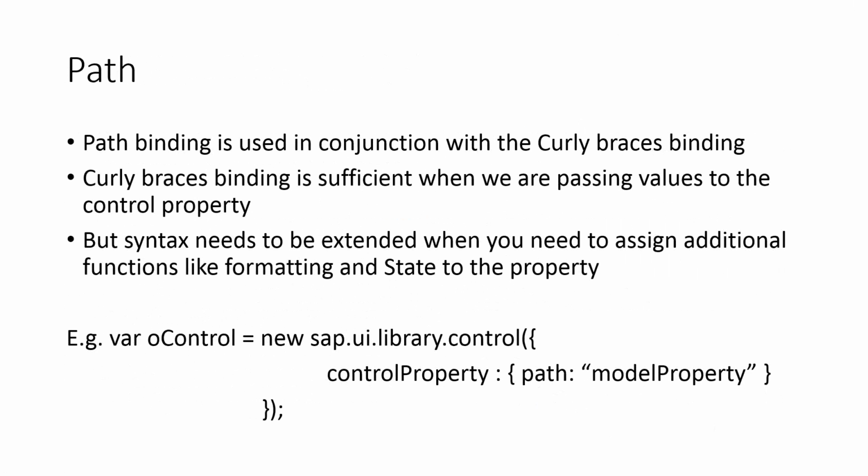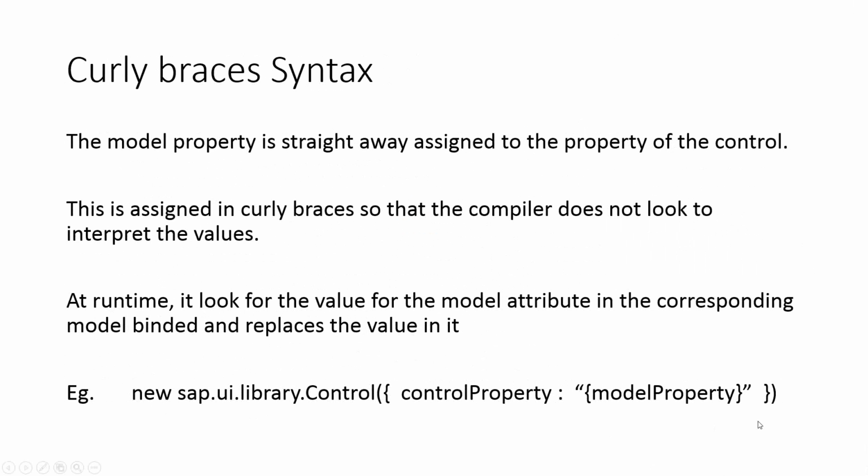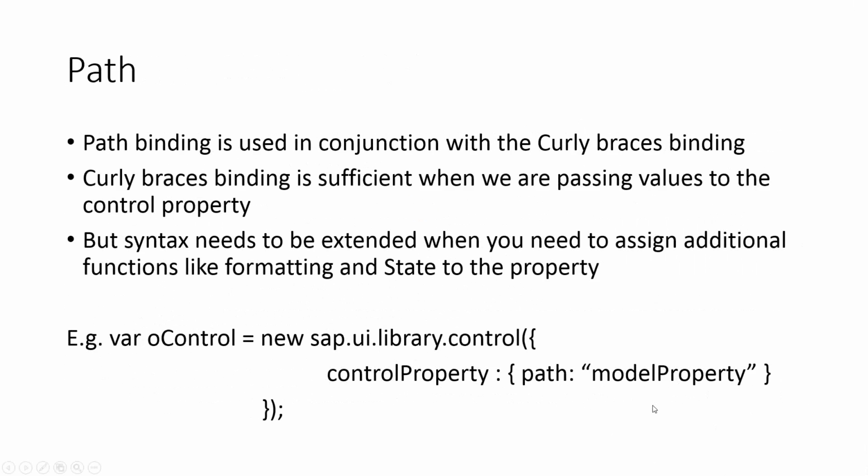Basically here we have specified control property is equal to, then within the double quotes I have specified the value, which means I am specifying an individual value. But here after the control property, I open up the curly braces, which represent the object, and within the object I will specify the list of attributes.